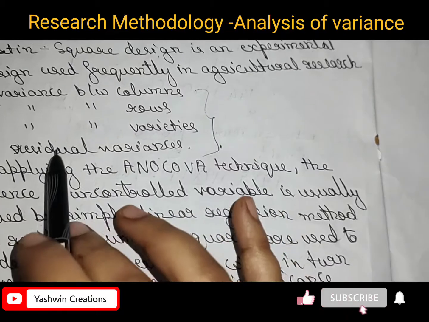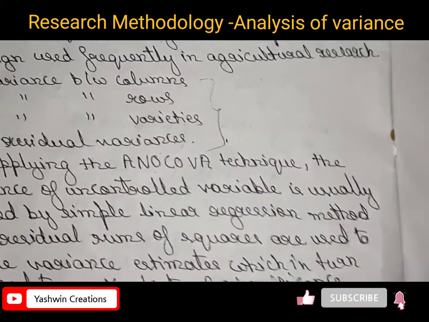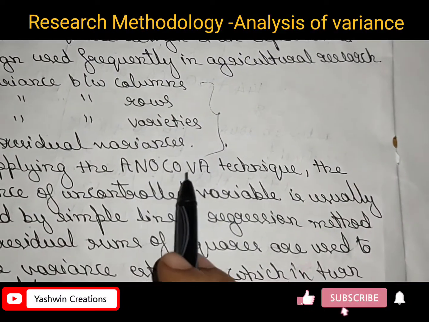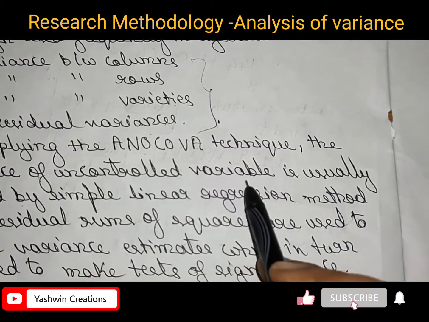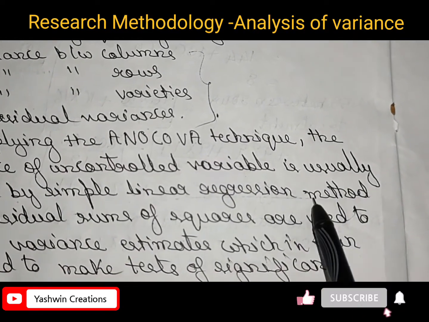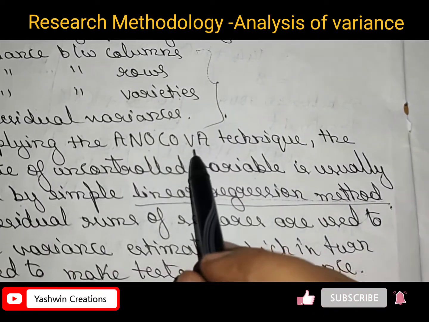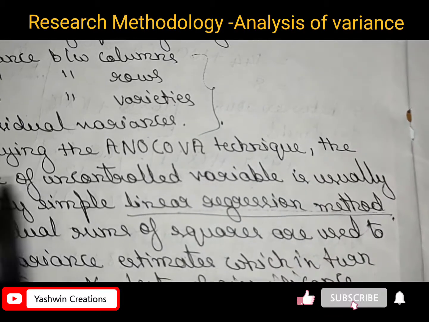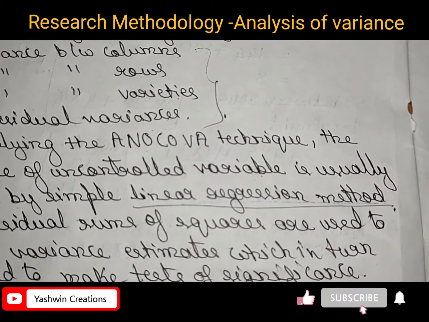So next, while applying the analysis of covariance technique, the influence of the uncontrolled variable is usually removed by what?